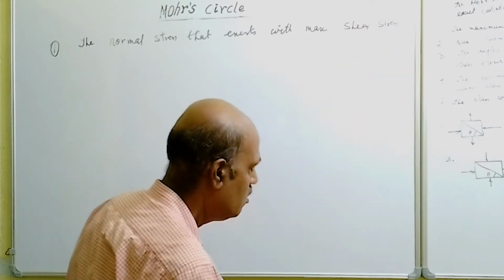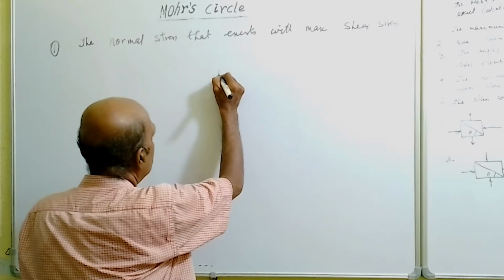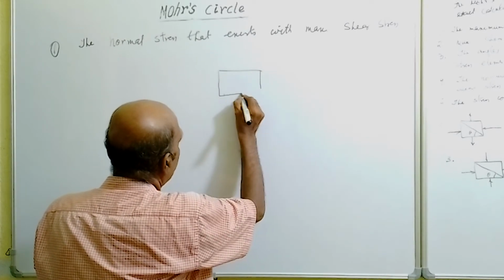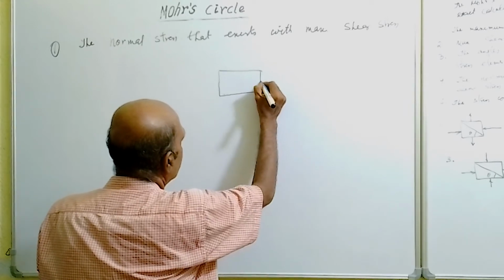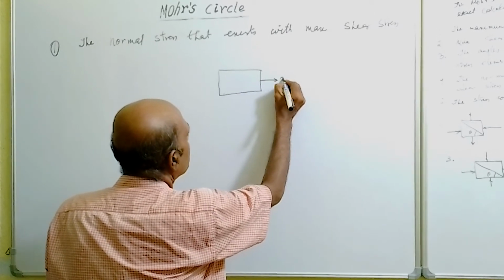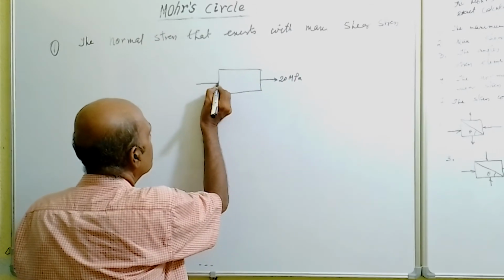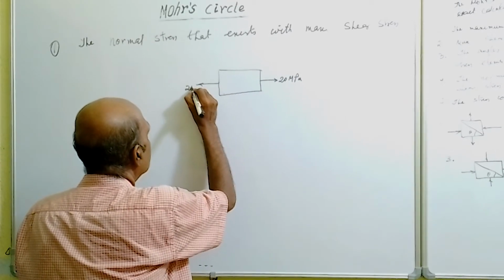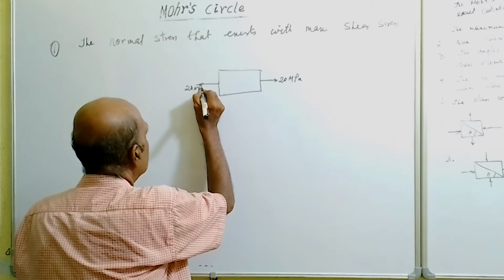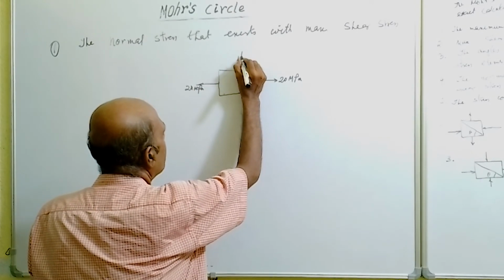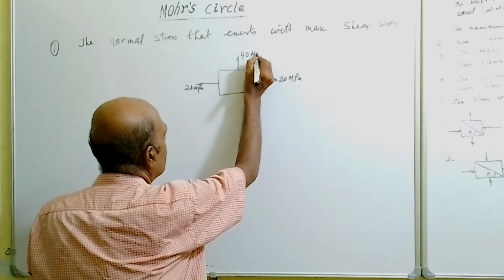So take one example. Let the body be under, say, sigma x, that is 20 megapascal, and say sigma y is given as 40 megapascal.